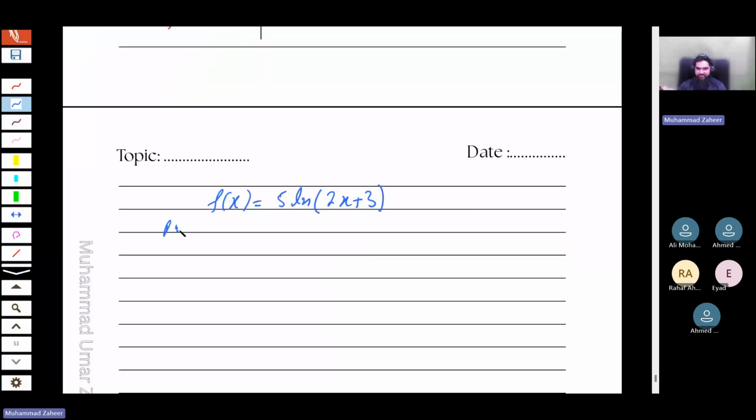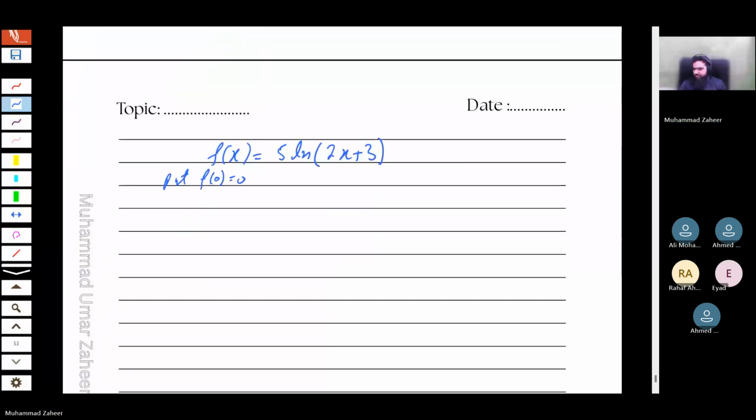I'm just substituting f of x is equal to 0. So you will get that 0 is equal to 5 natural log of 2x plus 3. The 5 is multiplying, so on the other side it will be divided into 0 as well. So we will get natural log of 2x plus 3 is equal to 0.